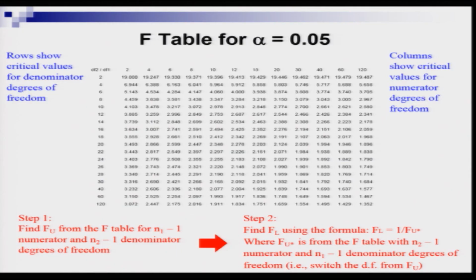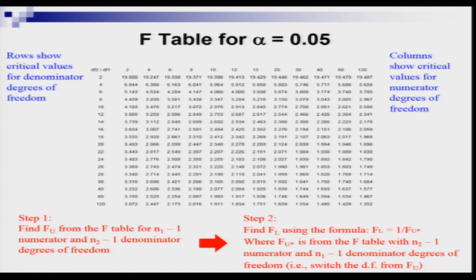So, let me now take you to a short glimpse of a particular F table. So, here I set the alpha value at 0.05, and here the rows show the critical values of the denominator degrees of freedom, so DFD, and the columns show the critical values for the numerator degrees of freedom. So, it is basically DFN.